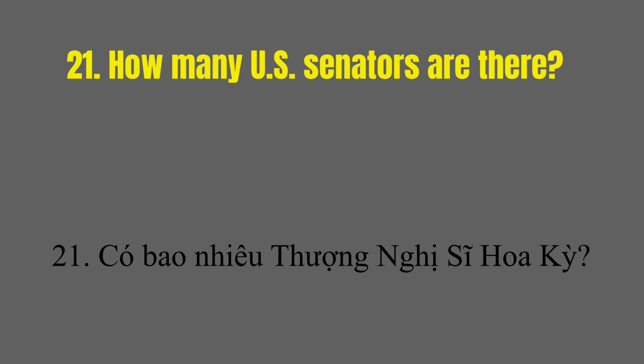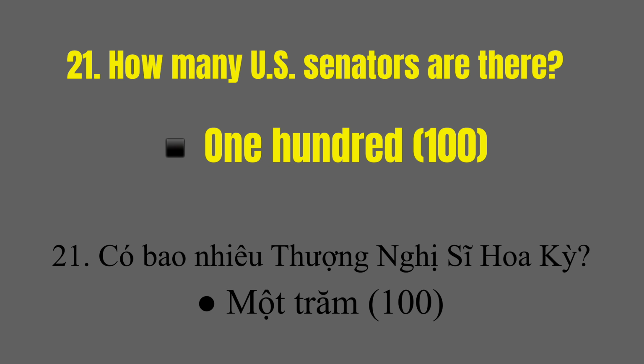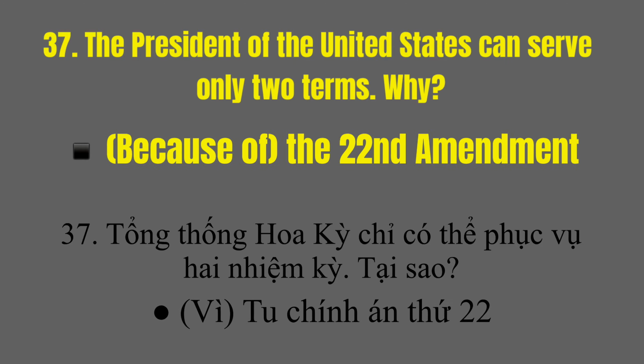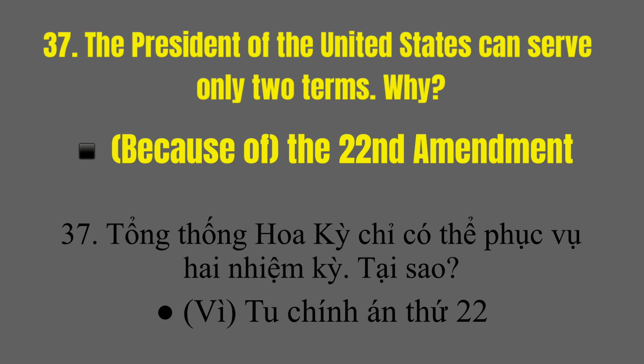How many U.S. senators are there? 100. The President of the United States can serve only 2 terms. Why? Because of the 22nd Amendment.